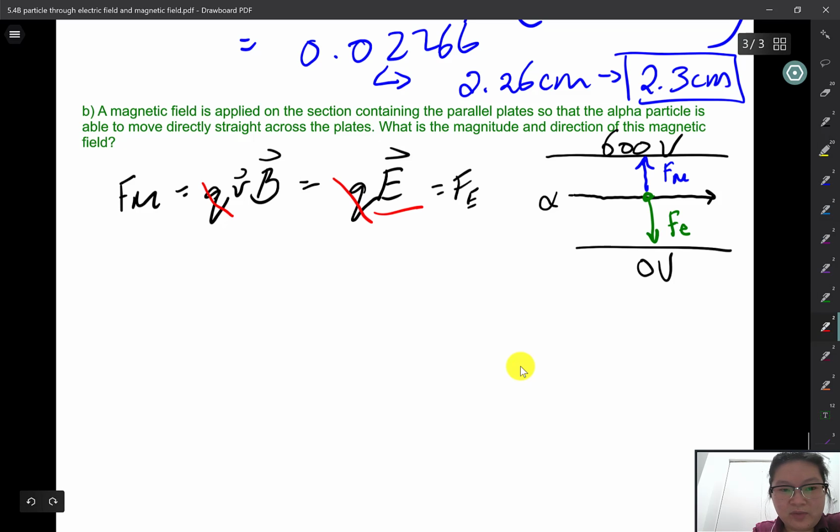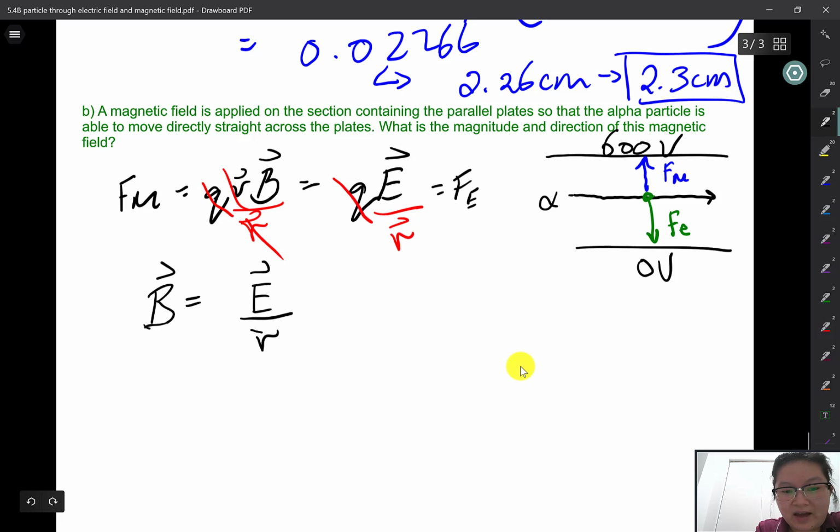So let's solve for B by dividing both sides by the speed that the alpha particle is going at. So B, the magnetic field, is equal to the electric field divided by that speed. The electric field we found in the previous question, which was 75,000 Newtons per Coulomb.